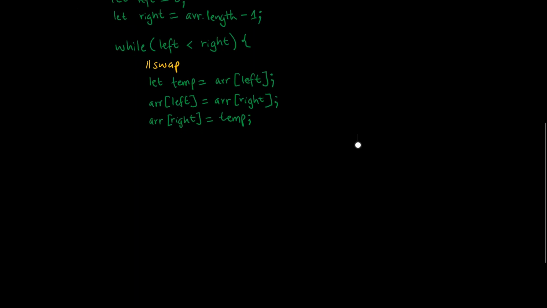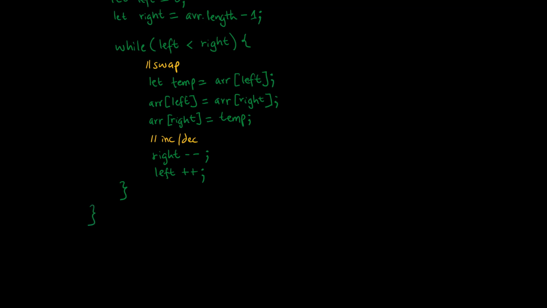Now after swapping, remember to increment and decrement. Right is decremented, and left is incremented by 1 step, and you end the loop, and therefore you end the function.